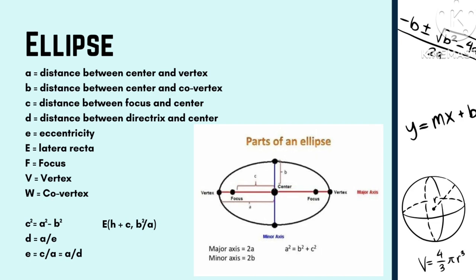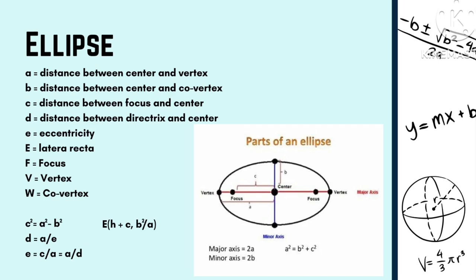The major axis is the longest axis, which is 2a, and the minor axis is 2b. Our co-vertex is always located at the ends of the minor axis, and our vertex is located at the end of the major axis. In order to solve for c, we have c squared is equal to a squared minus b squared.